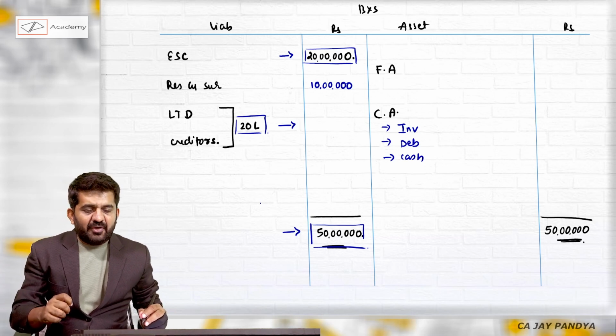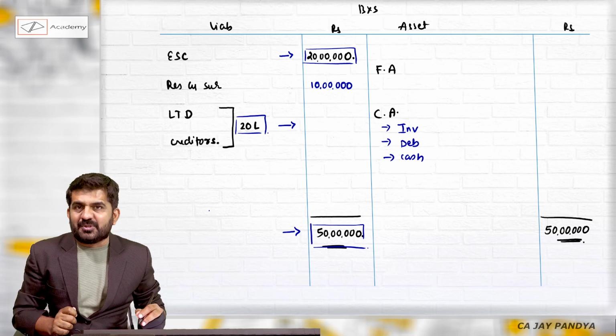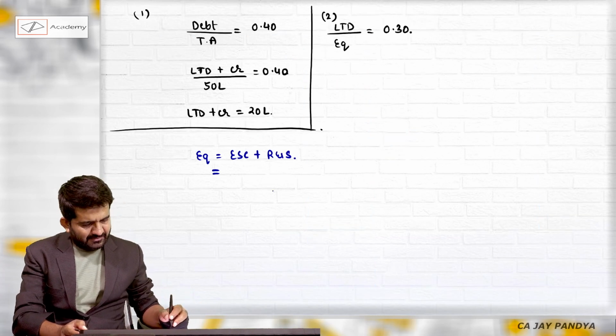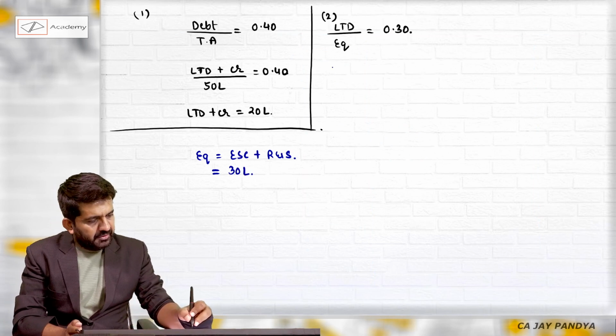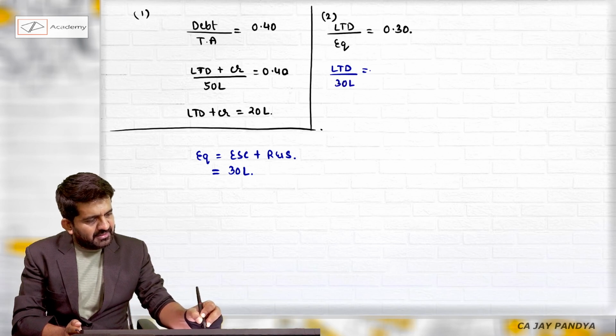So we now know equity share capital and reserves and surplus. Equity share capital plus reserves and surplus are 30 lakhs, which is equity. So long-term debt upon 30 lakhs is equal to 0.30.